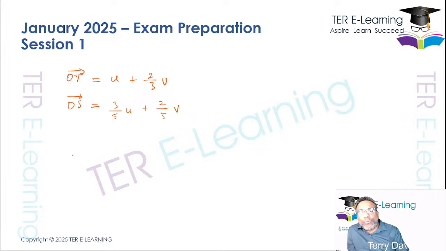We need to show that the vector OS is equal to K times the vector OT, or vice versa. We need to prove this.